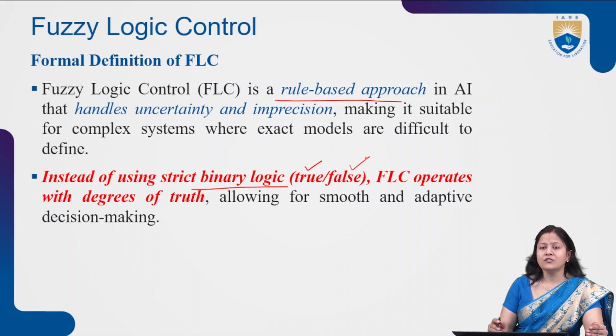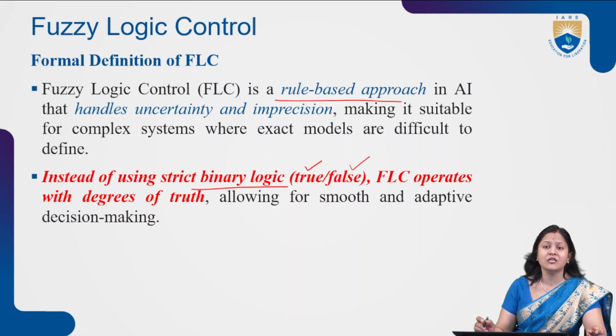But nowadays many things are uncertain, and uncertain situations cannot be handled by crisp logic. Take the example of a washing machine: depending upon the dirtiness of the cloth, the water flow will increase or decrease. All this increase and decrease in the amount of water depends upon the configuration of the fuzzy logic. It is not the case that if the cloth is very dirty, the full amount of water is needed, and if the cloth is not dirty, no water is needed.